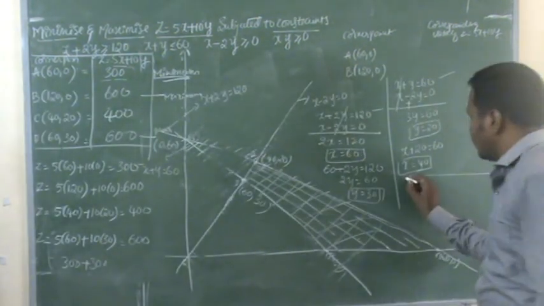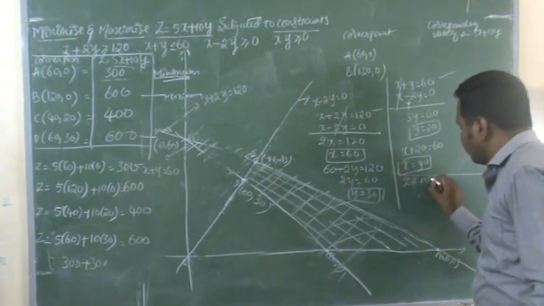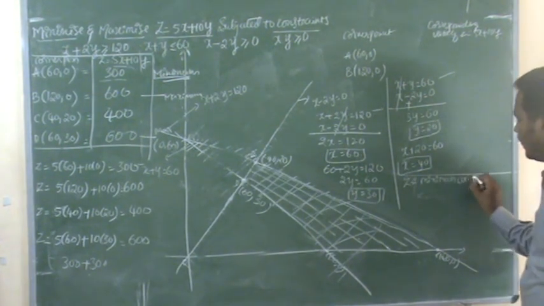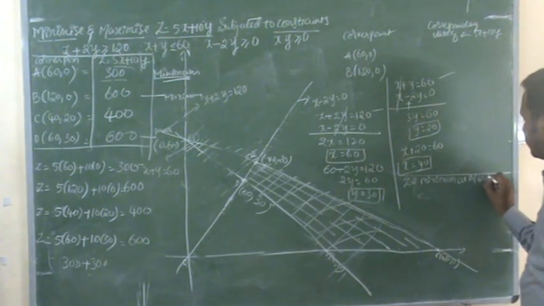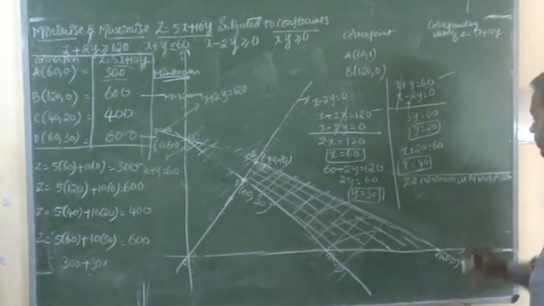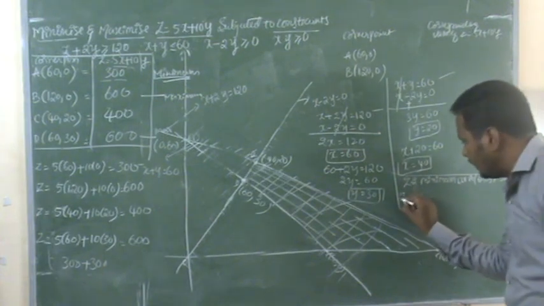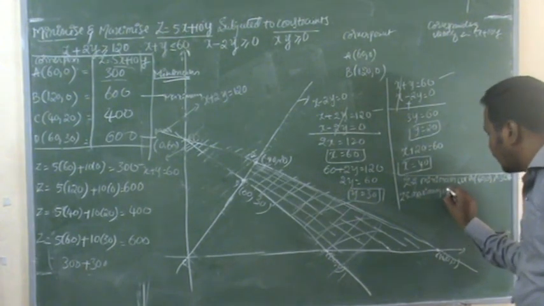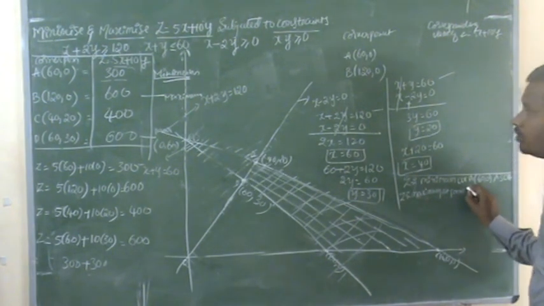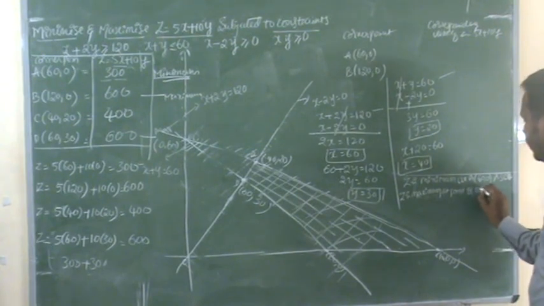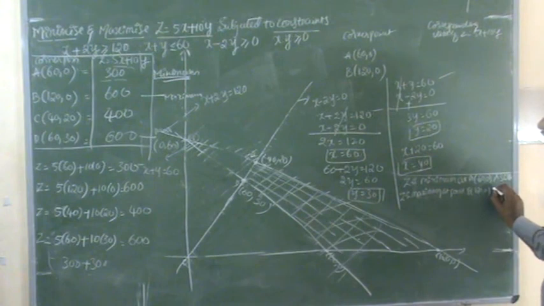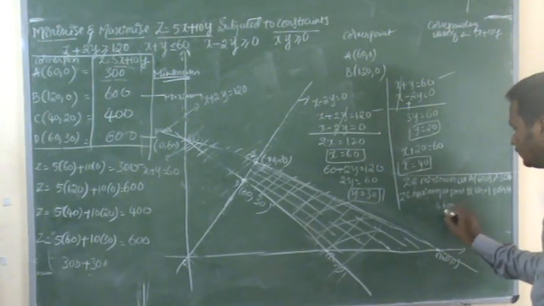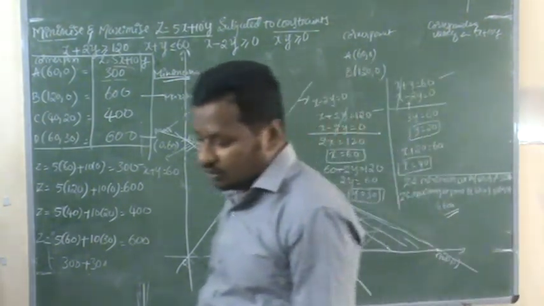Finally write: Z is minimum at the point A, that is 60, 0, and the value is 300, and Z is maximum at the points B 120, 0 and D 60, 30, and the value is 600. This is the maximum and the minimum value of Z.